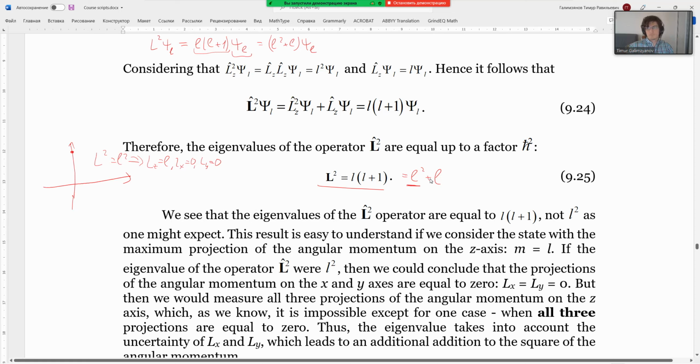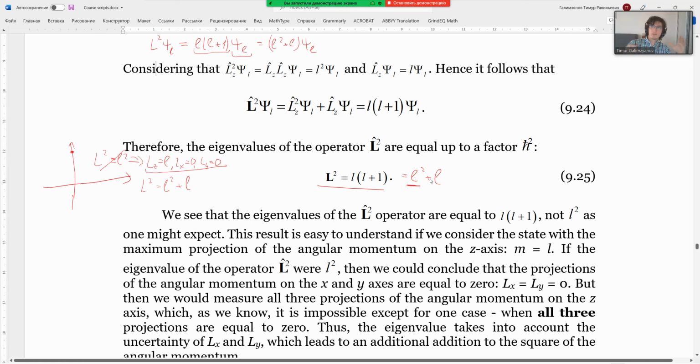That means that if the square of the angular momentum equaled the square of the absolute value of the angular momentum on the z-axis, then we would know all three projections of the angular momentum. However, it is impossible, and that is why L squared equals its eigenvalue, L squared plus L.